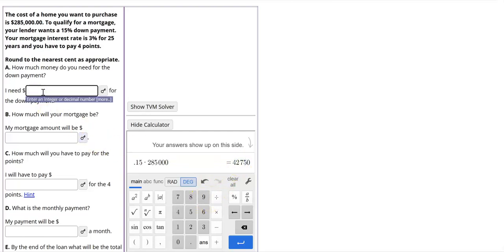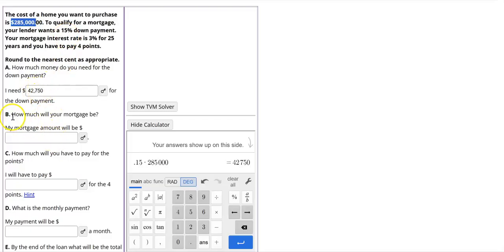That's the down payment. That's the answer to the first question. So 15% of $285,000 is a $42,750 down payment.